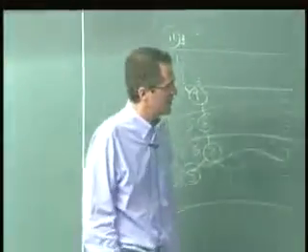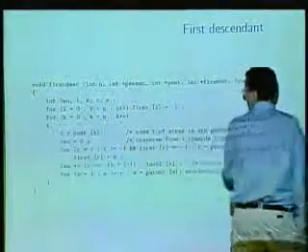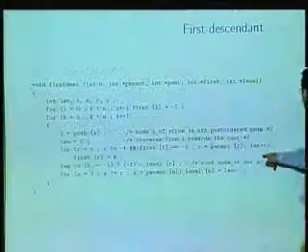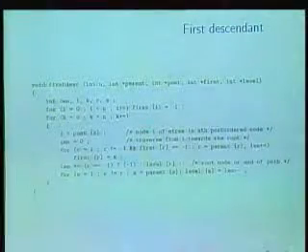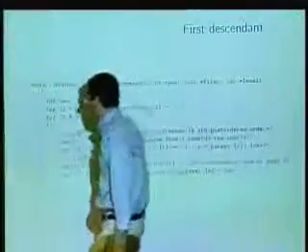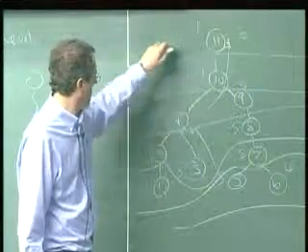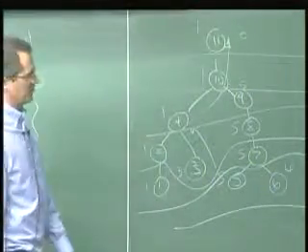And I also computed the length of this path, because I counted how many nodes I saw. I start with length equals 0, and I just do length plus plus right there. So the length of this is 1, 2, 3, 4, 5. The length of this path would be 5.